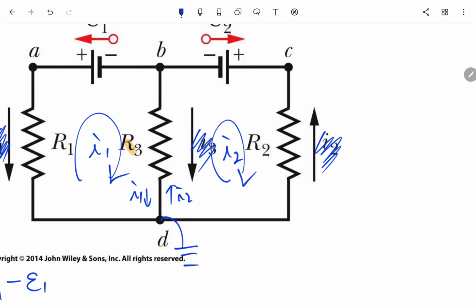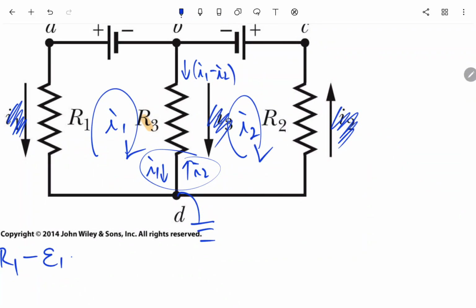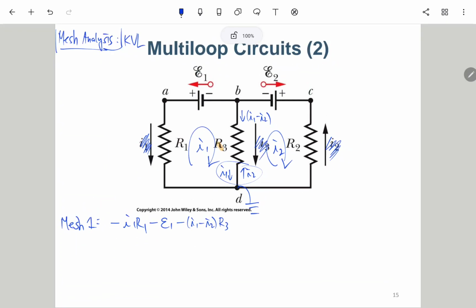You can consider these two from top to bottom as I1 minus I2. So we have minus (I1 minus I2) times R3, and then we go back to the original point, so it is equal to 0. So this is the first mesh equation.